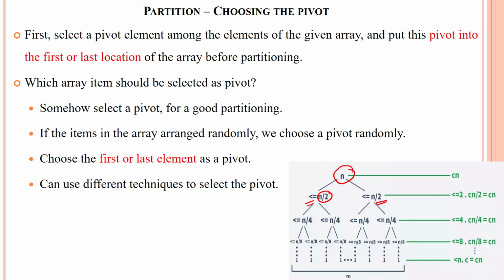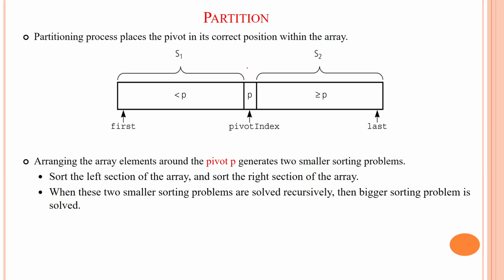Here also n by 2 less than or equal, because after every recursive call the pivot element will be positioned in the correct index of the array. So after placing this pivot element, we will not consider it for the next recursive calls. Only we will take pivot index minus 1 as the number of elements for one partition.